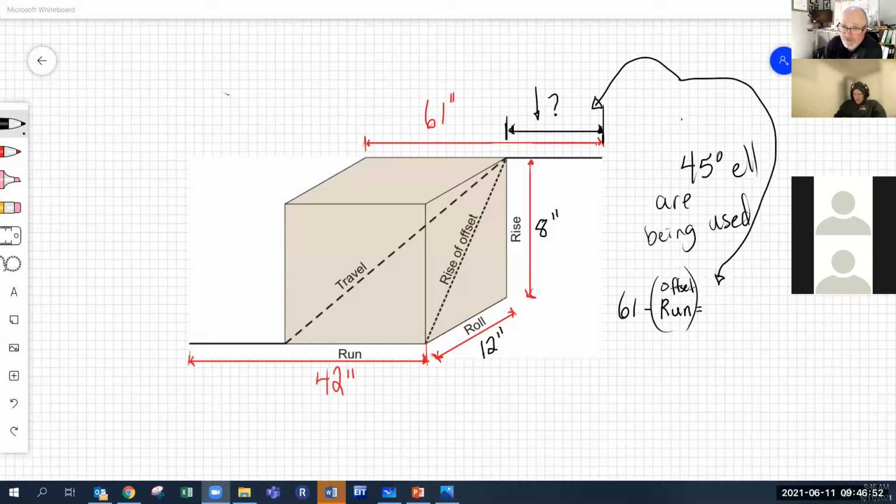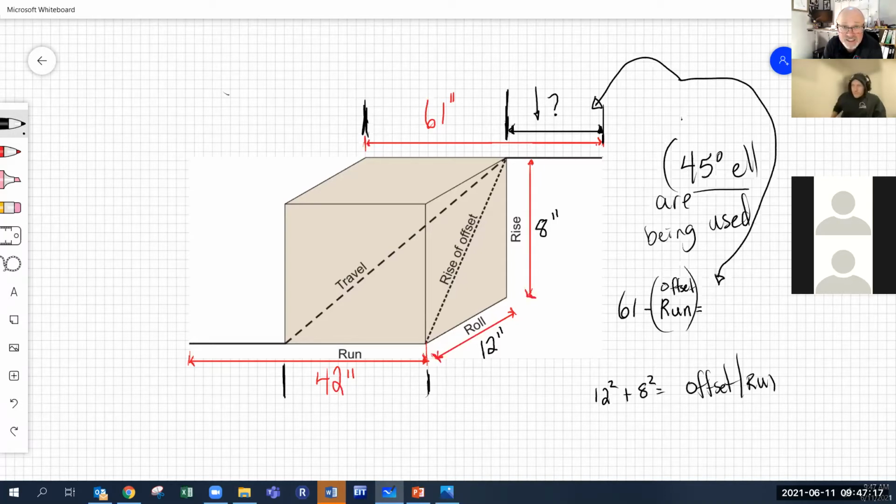Okay, so these are 45-degree elbows. And we know if we take the roll squared and we add to that the rise squared, that equals the offset. And as you can see, the run is right here. So if we take that right here and minus off 61, that would equal this.